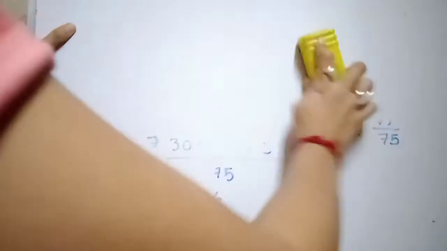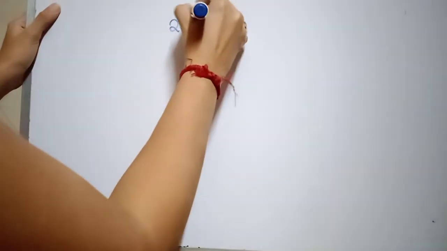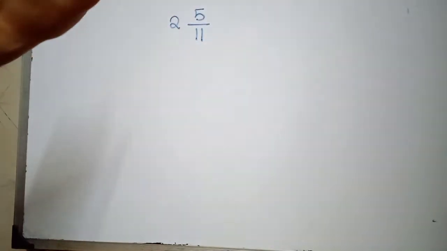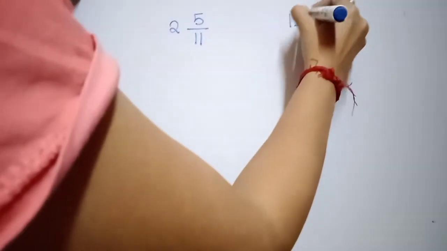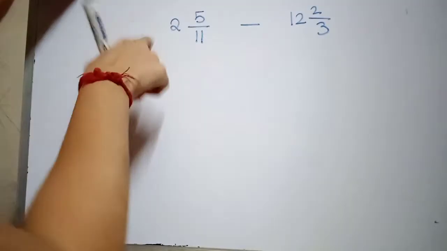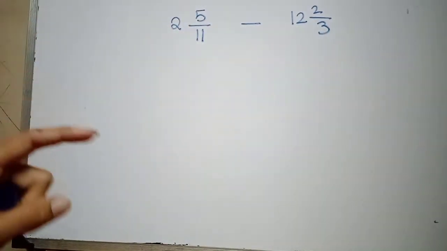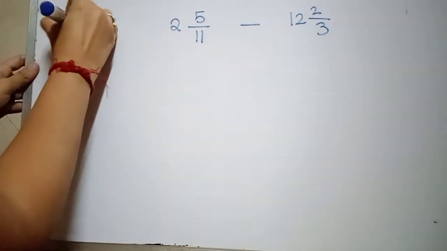So we have to subtract these two numbers. As 2 whole 5 by 11 is the total length of the rope, that means I have to subtract 12 whole 2 by 3 from this. This is greater than this. That's why I have to do this. How much will be left?